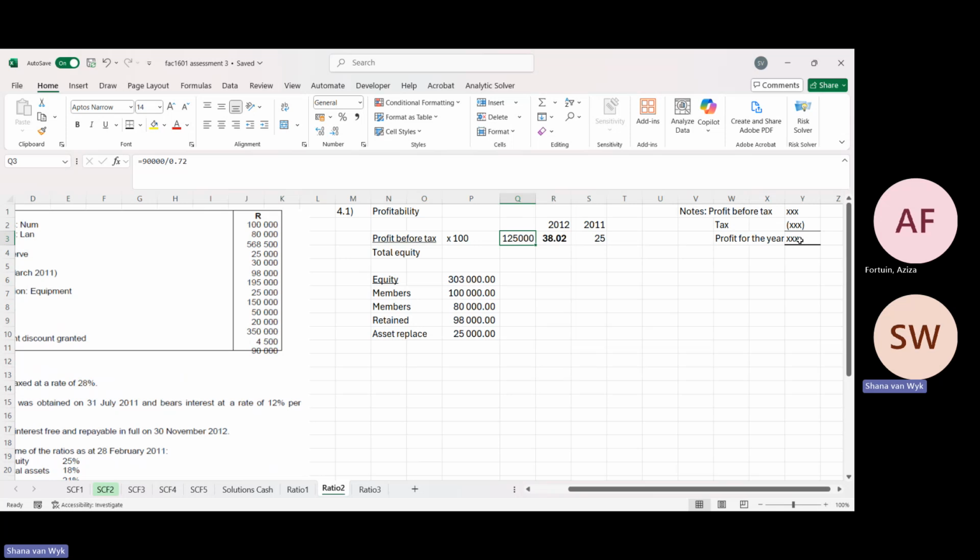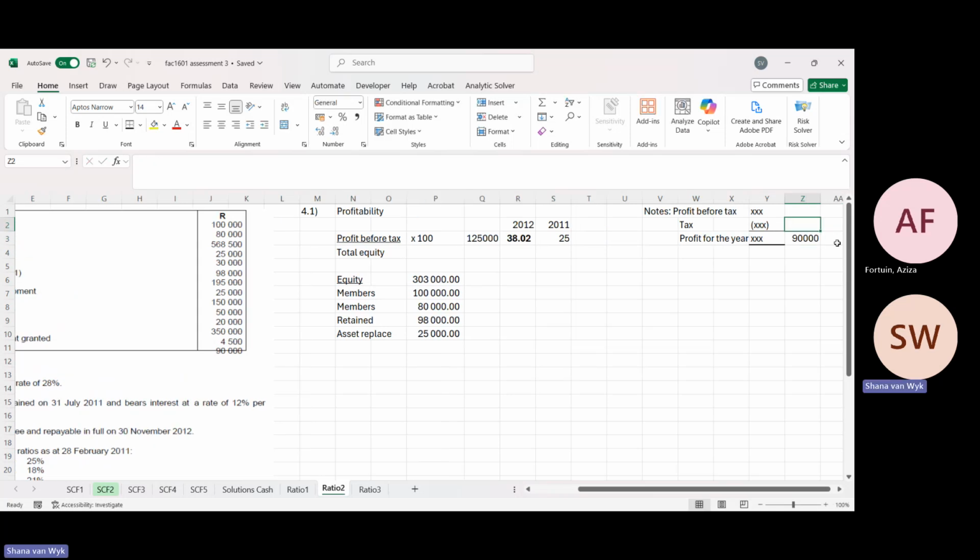And the amount that is taxed is 28%. So in my mind, I would have done 90,000 times 0.28. But we're going to tax it. And if I add this one and this one together, I get this one. Oh no, hold on.